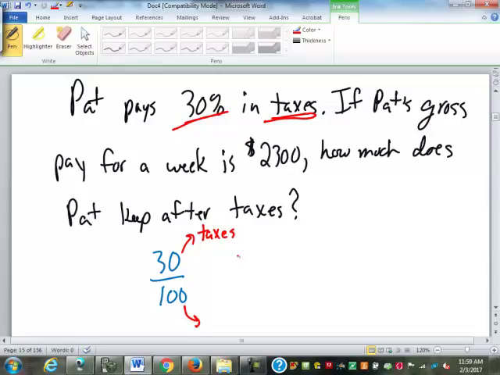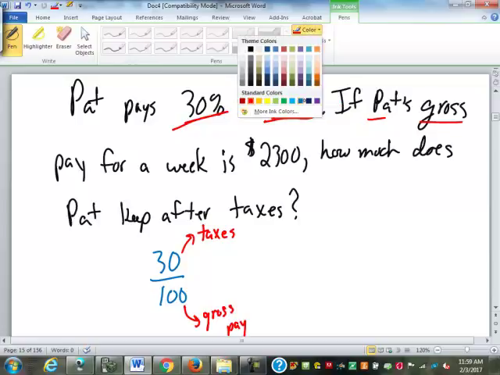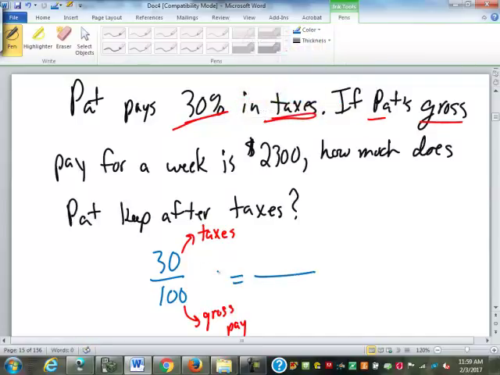The 100, the whole pool that we're looking at, is Pat's gross pay. So 100 represents gross pay. Now on the other side, do we know either the gross pay or the taxes? Yeah, we know the $2,300. This is Pat's gross pay. So we put 2,300 there.